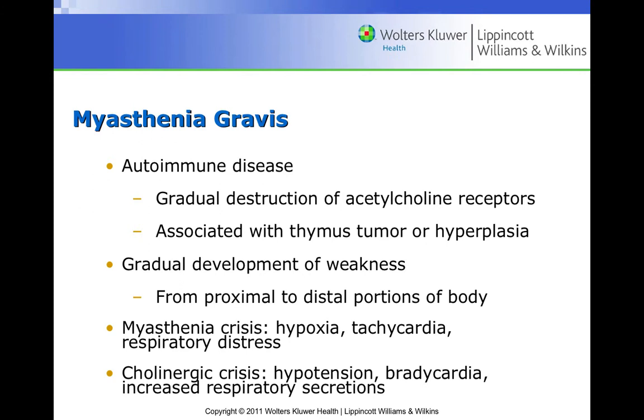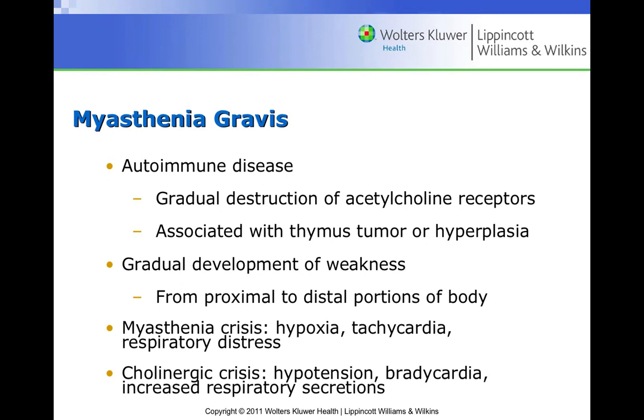We can give anticholinesterase drugs to break down the acetylcholine at the junction to improve the function. Steroids to decrease the inflammatory response, and plasmapheresis.